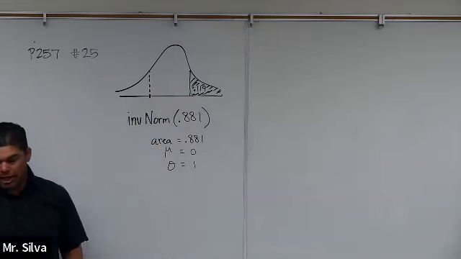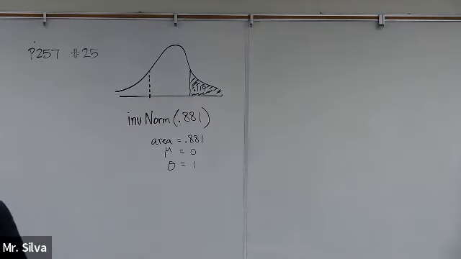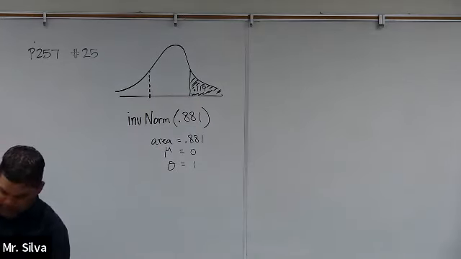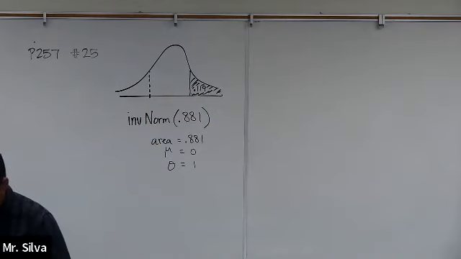Looking in the table, I'm going to look for 0.119 in the standard normal table. Why am I using the fold out? I don't know.